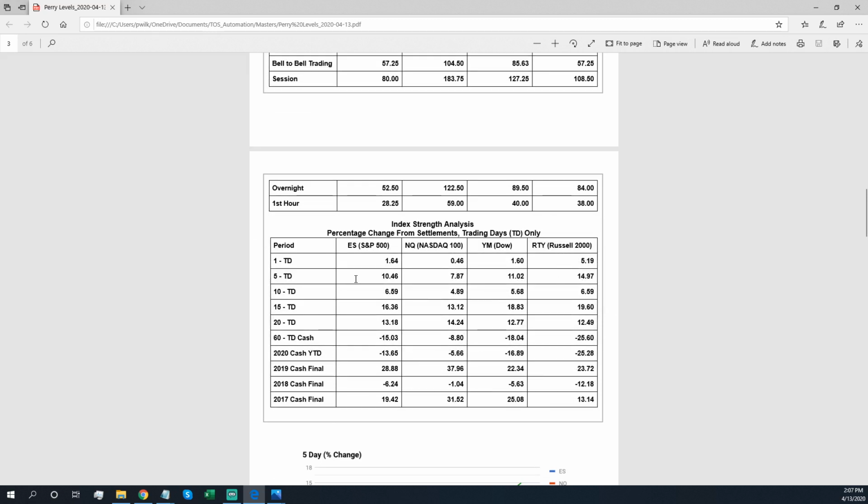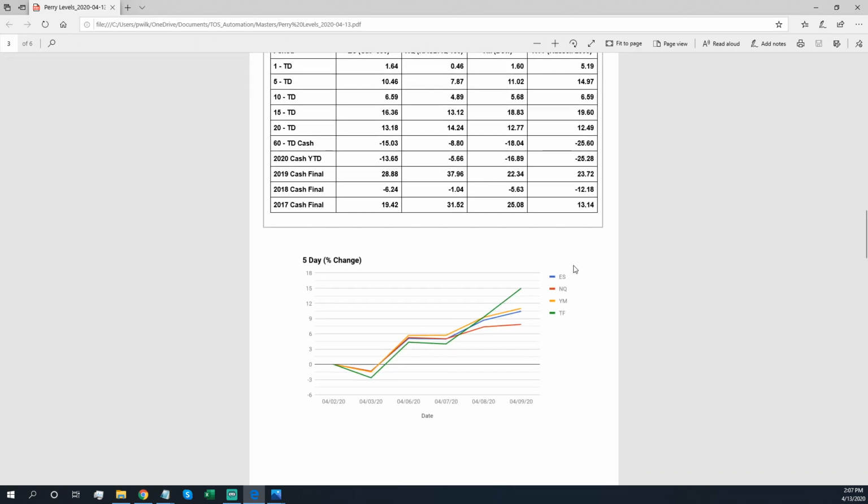Then we go back down to the performance of the market over the last different periods of time, 1 day, 5 day, you can go through here and read these out, how far they're up or down in that time period. And then what I do is I graphically compare them all starting at the same point, right? What have they done relative to each other over those trading days? And there's the same thing, graphs down here.